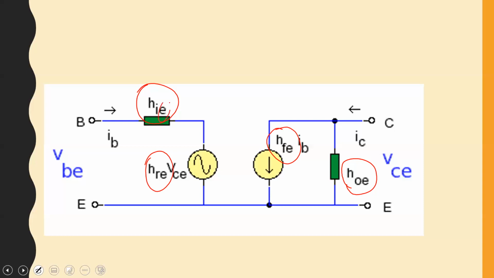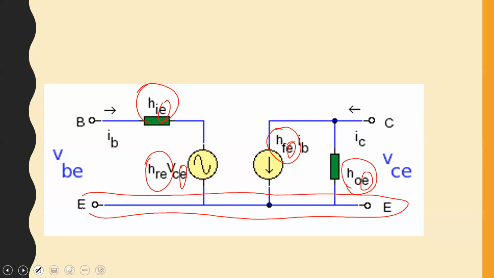The E in each of these parameters tells us which of the legs, so to speak, of the transistor is common to both the input and the output circuit. And in this case, it will be the emitter. So what we have before us is a common emitter configuration. All right?